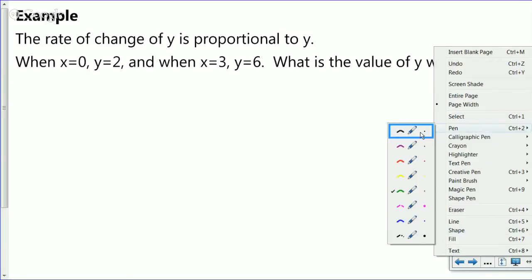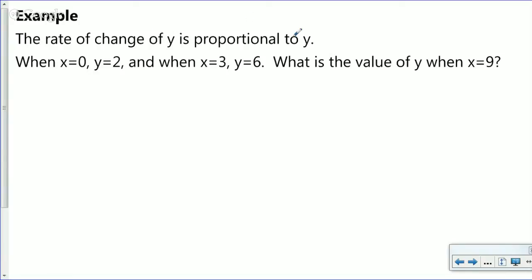Okay. First thing I notice is the rate of change of y is proportional to y. Well, because of this, I know that I can skip the calculus. I did the calculus for that initial problem, and I got to that, right? In this case, it looks like instead of using t, we're using what other variable? K, right? Okay, so because of this first statement here, I know I can start with that.